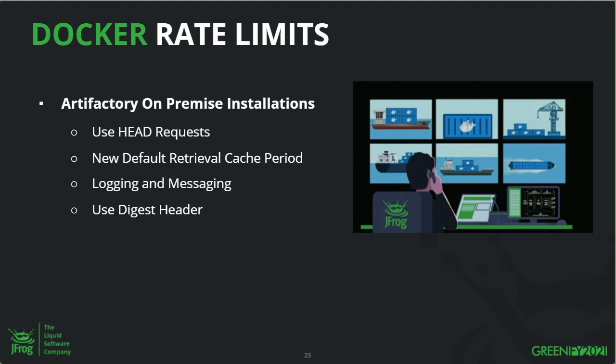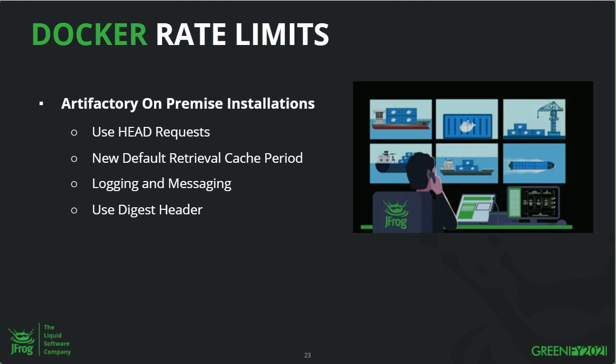The second thing we did is to increase the default retrieval cache period that is configured automatically in a remote repository created that is pointing to Docker Hub, of course. We did it to make sure that you're not going to fetch and request unnecessary GET requests that will be counted against your own private capacity.